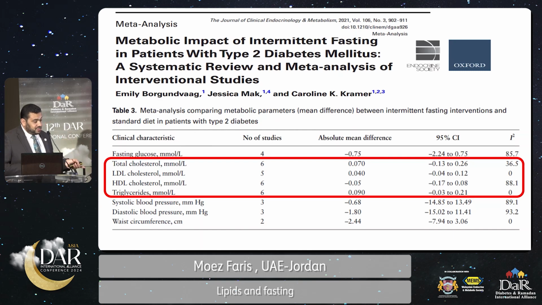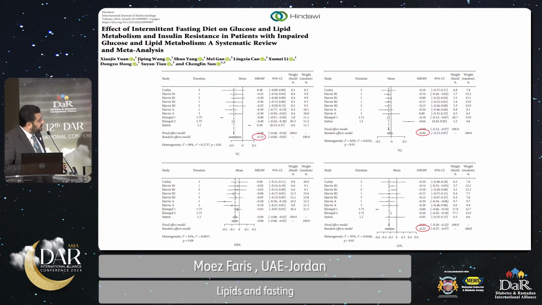One of the most important studies I have found looked at the effect of different intermittent fasting regimens on patients with diabetes with regard to different cardiometabolic risk factors. They showed a slight effect on the lipid profile components, a slight reduction in total cholesterol, LDL, and triglycerides, with a slight reduction in the HDL, by the observance of different forms of intermittent fasting by patients with diabetes.